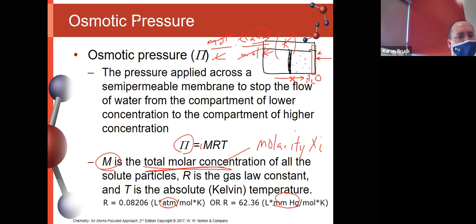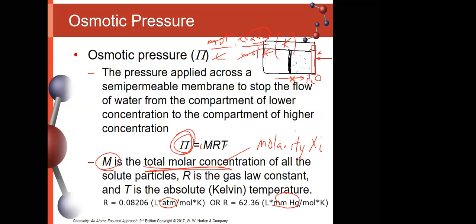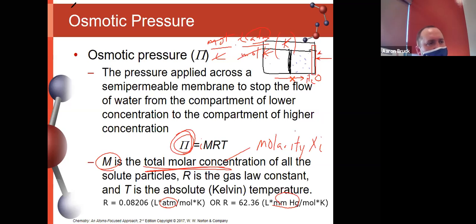That's where we get our pressure for pi, the osmotic pressure. So there is a method to this kind of madness in terms of the equation, in terms of that unit for the universal gas constant, as to why this works. So that's osmotic pressure. Again, we can quantify it using this equation.